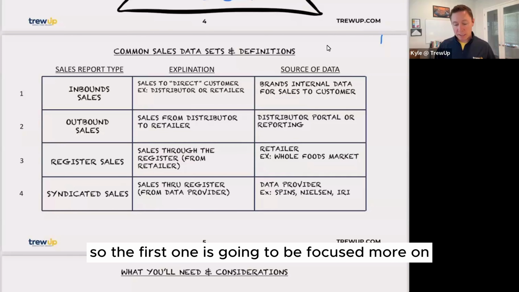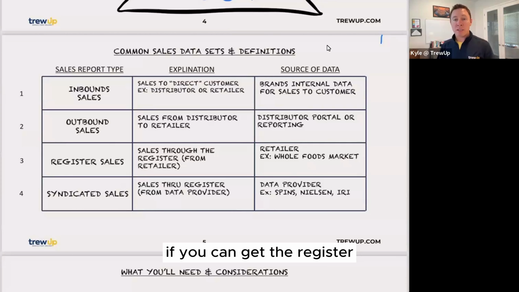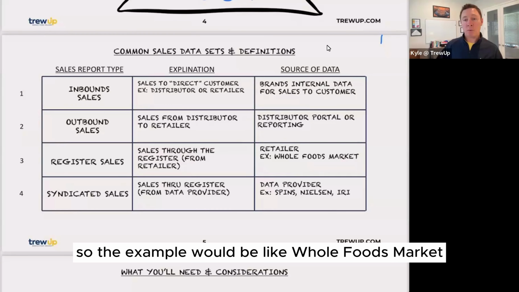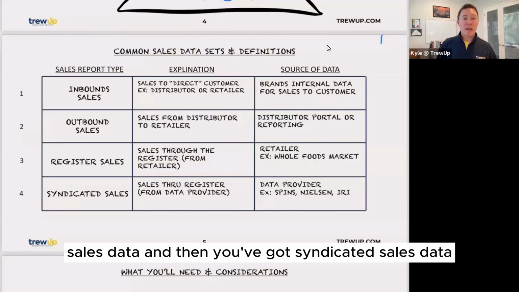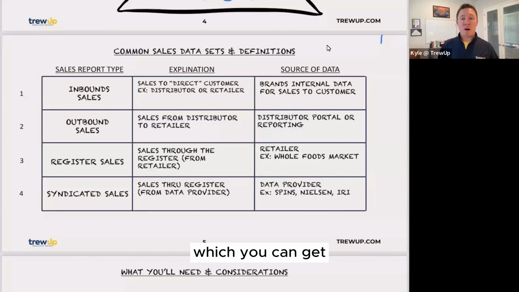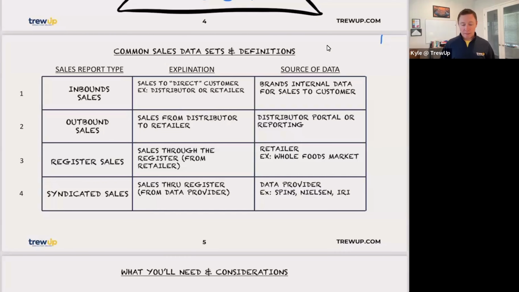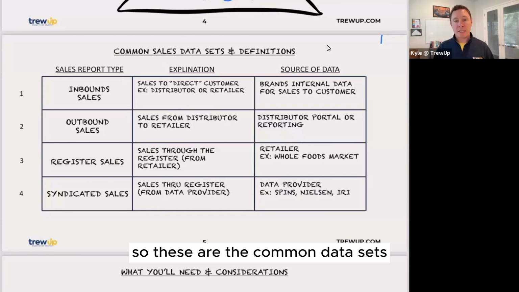The first one is focused on getting the register sales from the retailer directly, which is one way you can get this information. The example would be Whole Foods Market sales data. And then you've got syndicated sales data, which you can get from data providers such as Spins, Nielsen and IRI. So these are the common data sets.